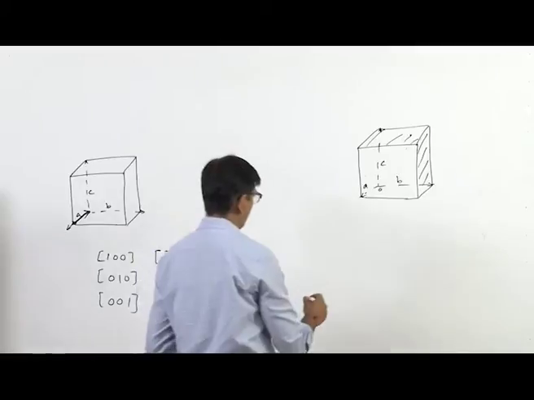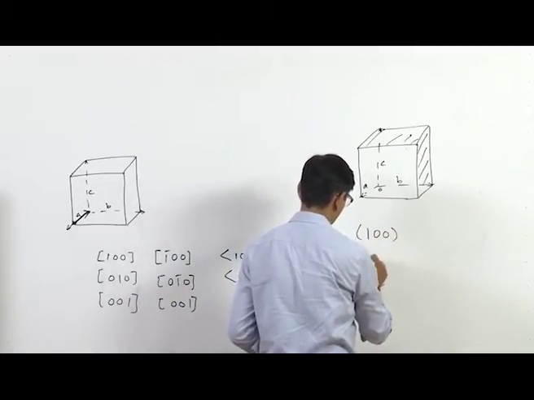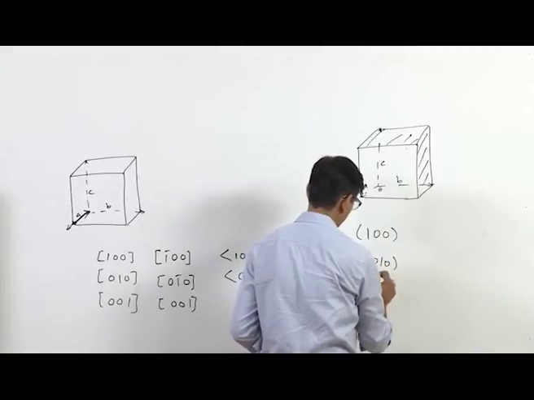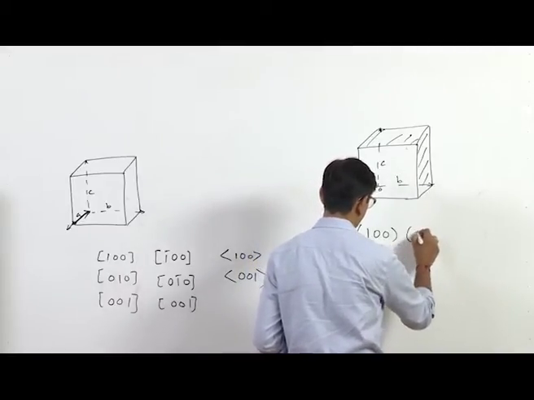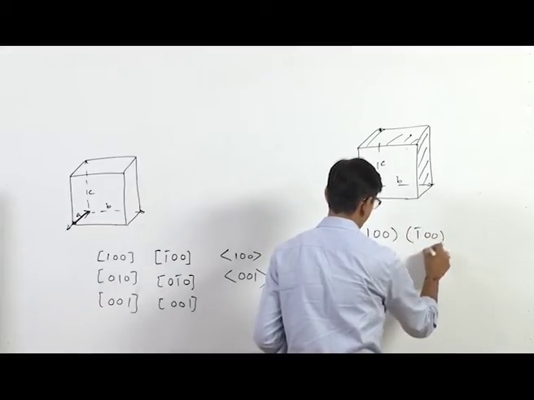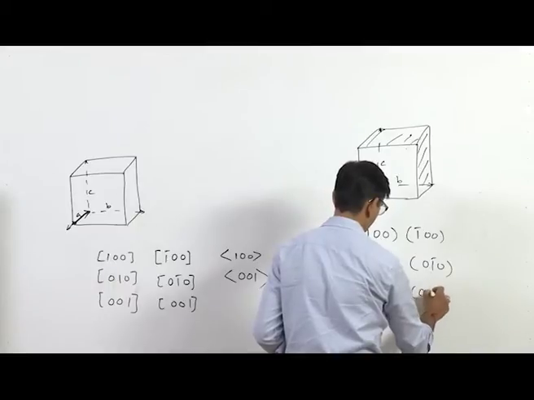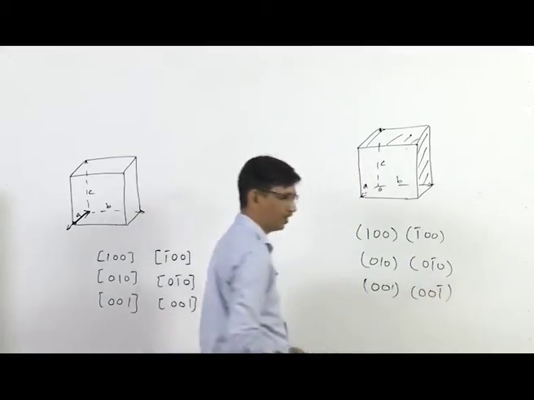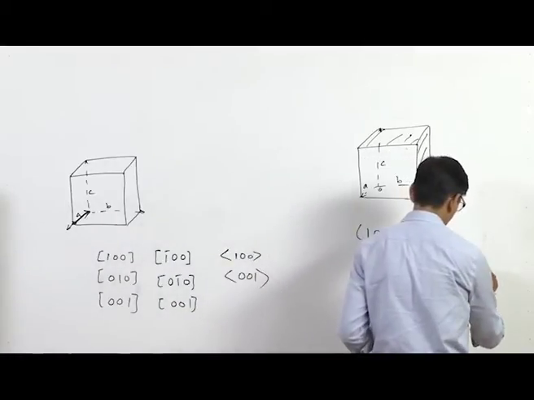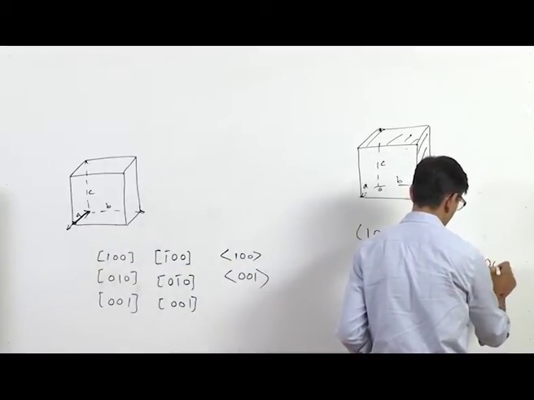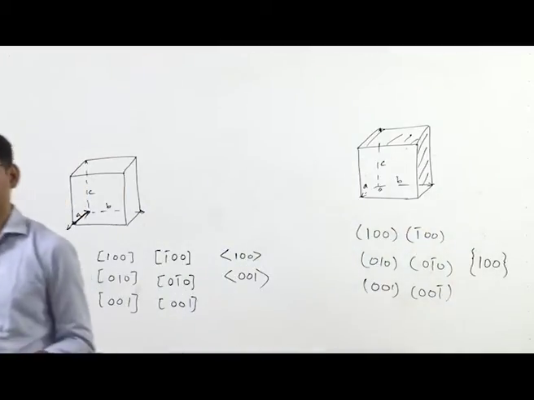So, I can put all these planes as 1 0 0, 0 1 0, 0 0 1, negative of that, and they are all a family of planes, and I can represent them by these curly braces by writing it like this. So, they are all same.